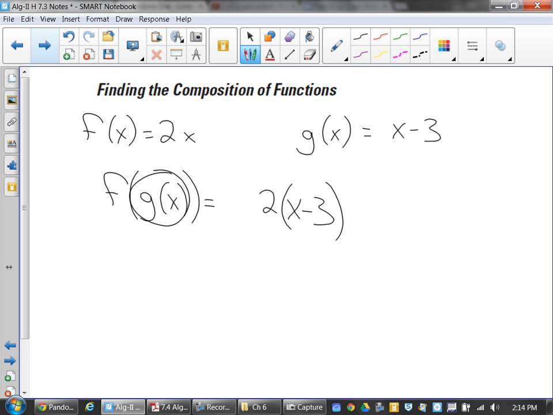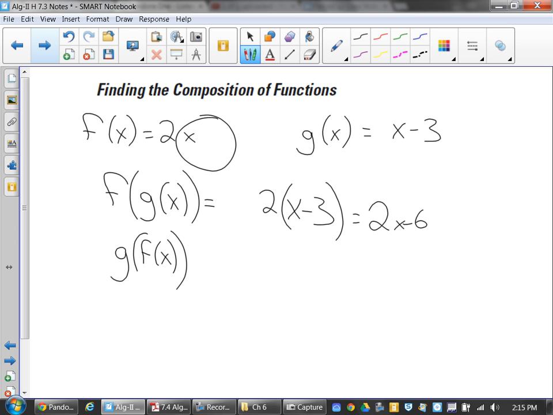Distribute. Okay? And you just distribute. And there's f of g of x. Going the other way, g of f of x. Because I'm taking this and I'm substituting it in for x.